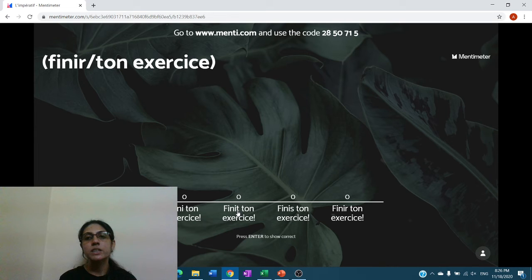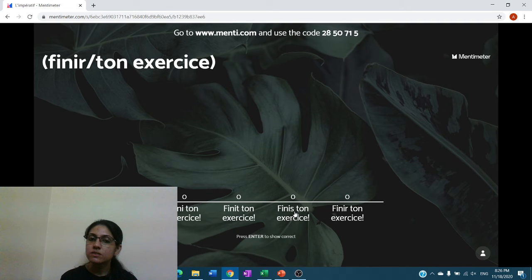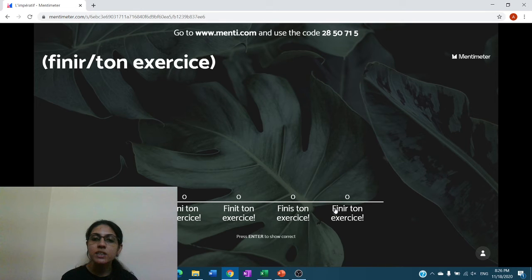Next is finis ton exercice. Over here, this seems to be correct. And last one, finir ton exercice. So finir is the infinitive form of the verb which cannot be placed over here. So that means the correct answer over here is finis ton exercice. This one.